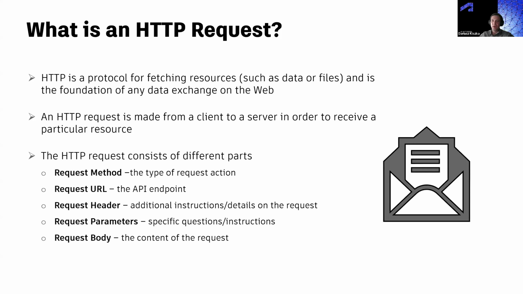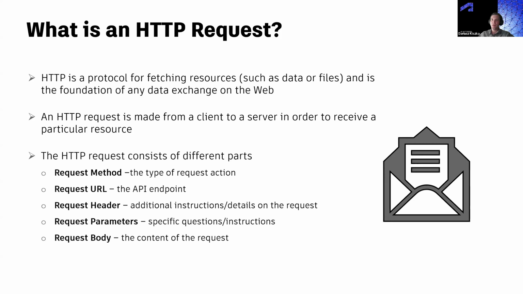We have the request method, which is the type of action that we would like to perform. We have the request URL, which would be like the address for sending the letter, giving us the specific API endpoint that we want to call. We have the request header, like extra instructions such as authentication, content type, format, etc. We have the request parameters, which are specific questions or instructions for the server.